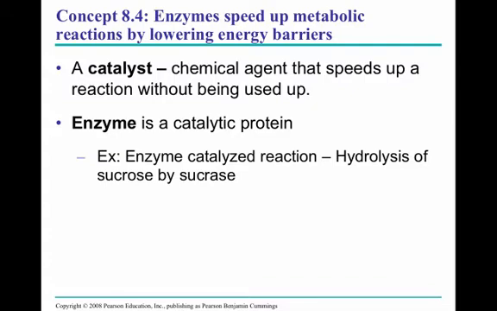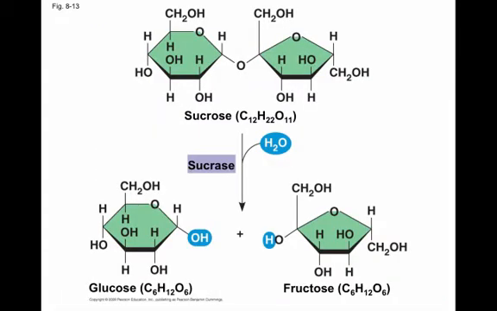And so hydrolysis, using a water molecule, if we take a look at that on this page, sucrose, you can see right there, is our disaccharide molecule formed from the joining of our two monomers, glucose and fructose. But once you have sucrose, you can break it back apart.